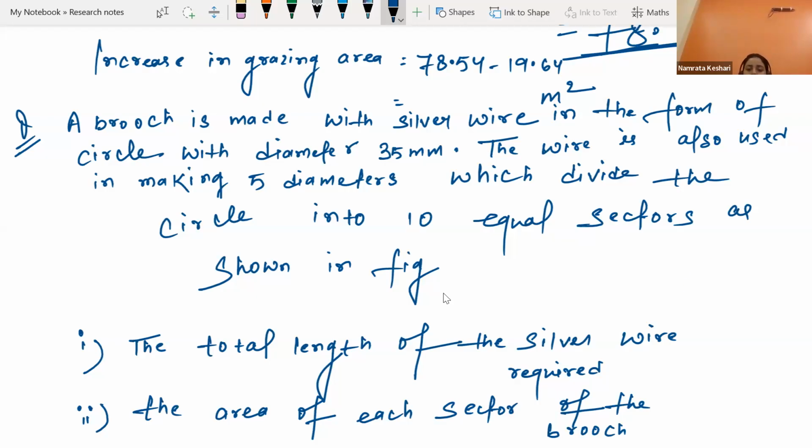Okay, a circle is given in the figure like this.